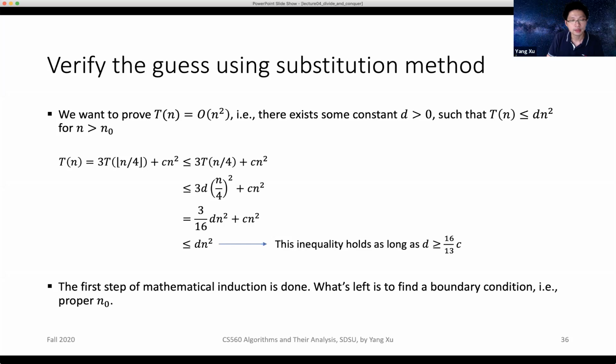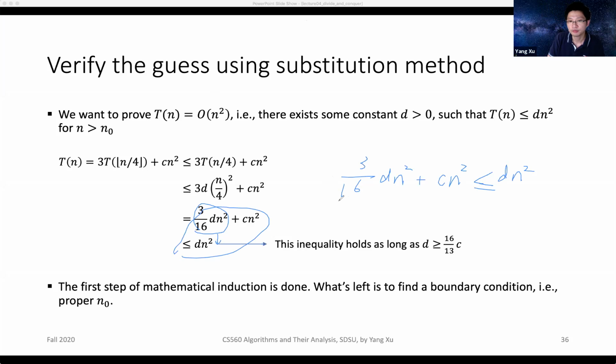No, because it is the result of moving this term to the right side. The last inequality here says 3 over 16 times d times n squared plus c times n squared should be smaller than or equal to d times n squared.